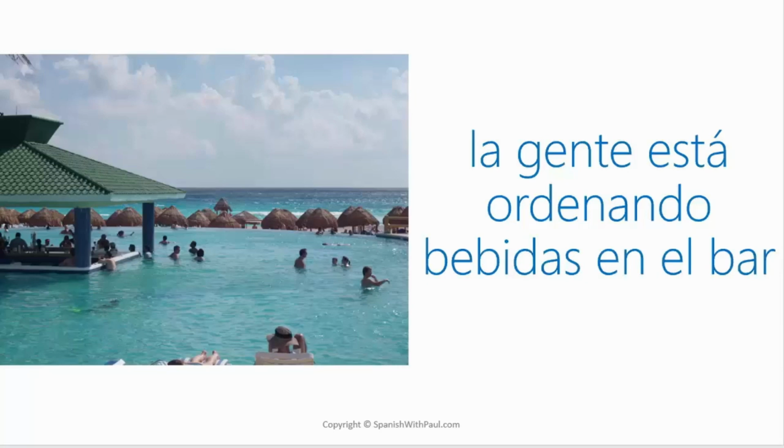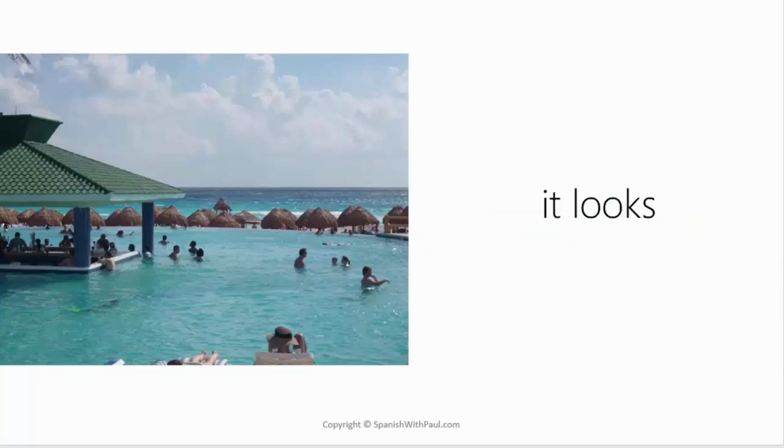Something else that's very useful in Spanish is it looks. So it looks nice, it looks great, it looks difficult, so forth. To express this is simply se ve. Later on in the course we'll dig deeper into this, but for right now, whenever you need to express it looks like this or like that, you're going to fall into the sound in Spanish of se ve, se ve.